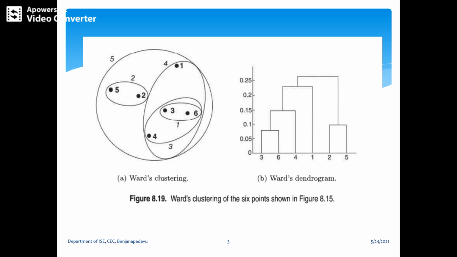However, once a decision is made to merge two clusters, it cannot be undone at a later time. This approach prevents a local optimization criterion from becoming a global optimization criterion.